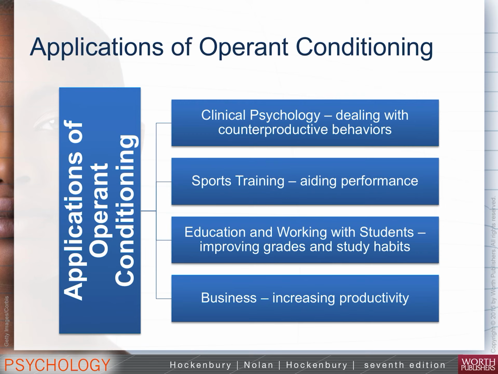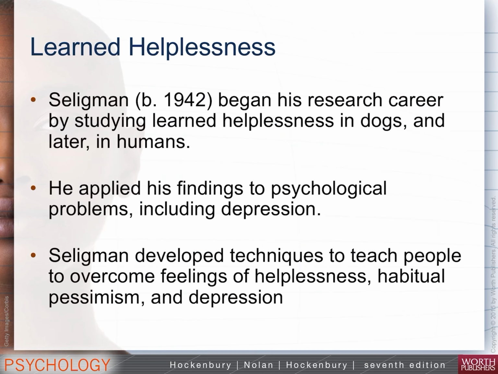So if you take an employee and you consistently tell them they're doing a good job and you're getting them to really feel good about their work, then that's going to improve their productivity and make them better employees and more likely to stay in your business because they feel appreciated. And so if you want people to stick with your company and you want your employees to be efficient and productive, then there are definitely ways that you can do that with operant conditioning.